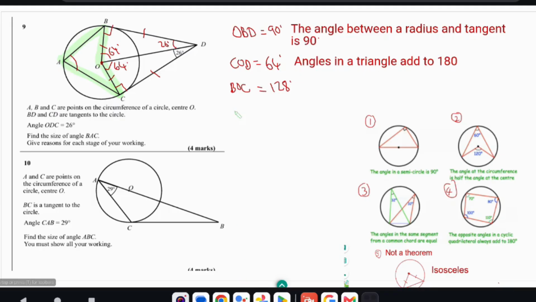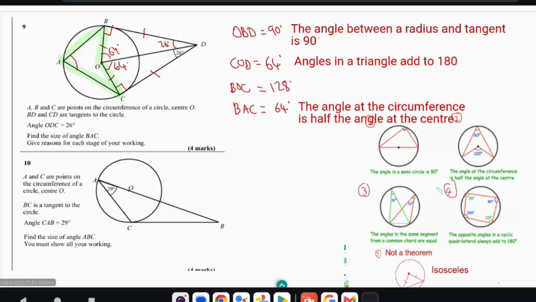So BAC is equal to 64 degrees because the angle at the circumference is half the angle at the centre. Did I say diameter? The angle at the circumference is half the angle at the centre. There we go.